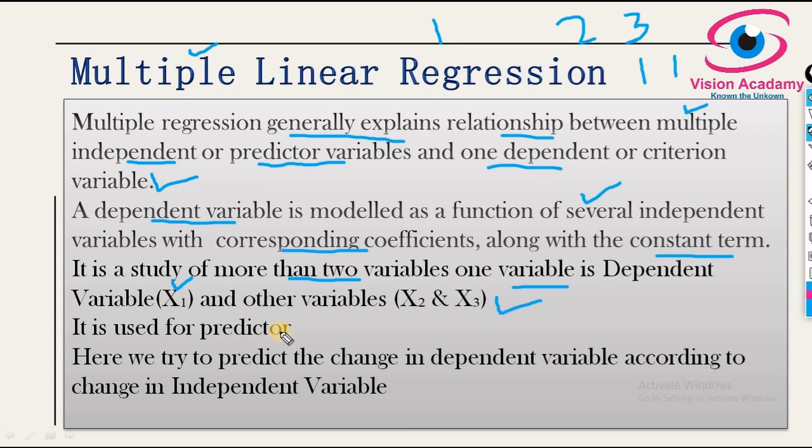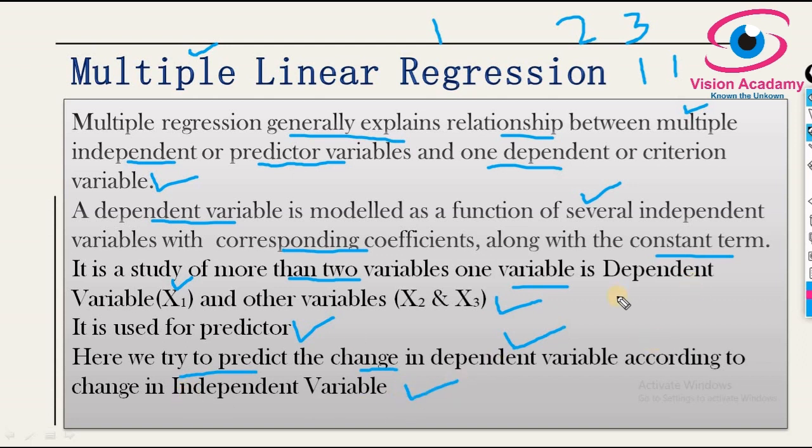We use multiple linear regression to predict the future, so it is used as a predictor. What do we predict in the case of multiple linear regression? Here we try to predict the change in the dependent variable according to change in the independent variables.